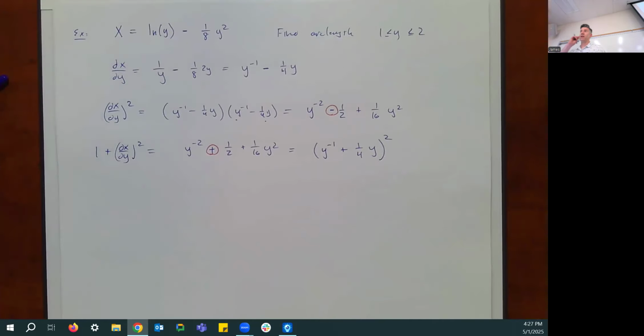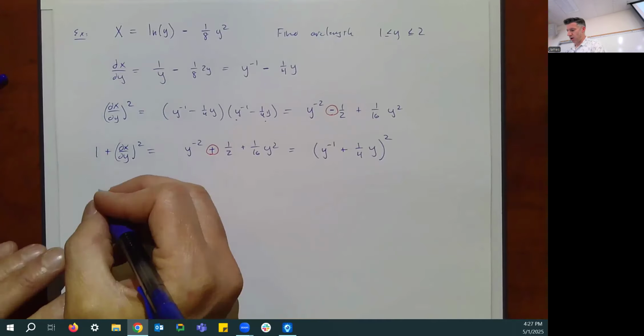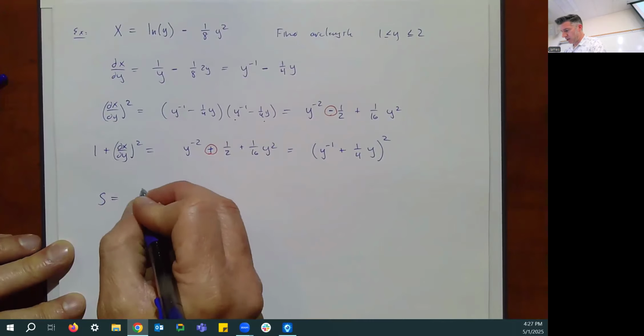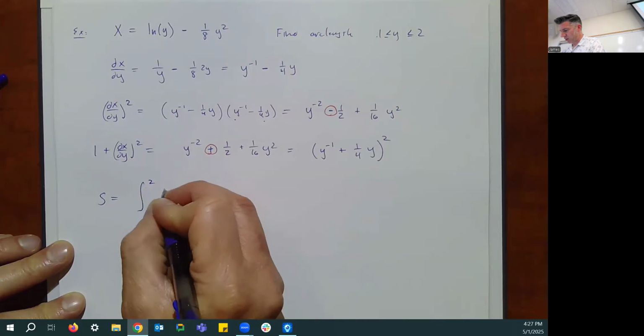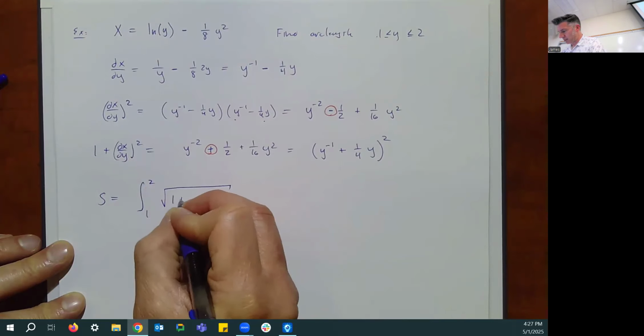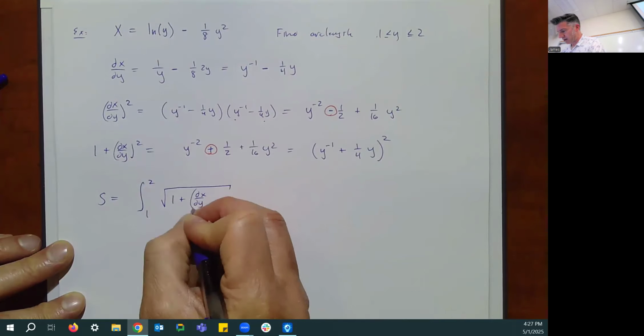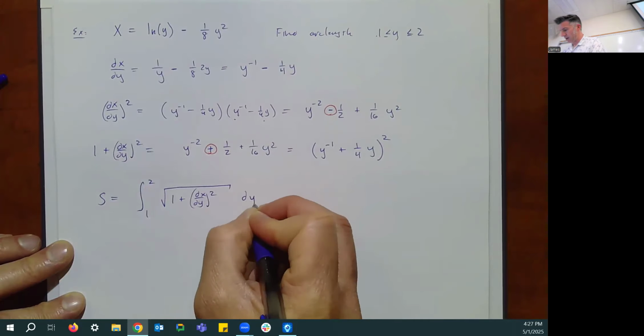I will point out also, I know I didn't say it, but this is the other version of the formula, where instead of y is a function of x, x is a function of y. So here our arc length is going to be the integral from y equals 1 to y equals 2 of the square root of 1 plus dx/dy squared dy.